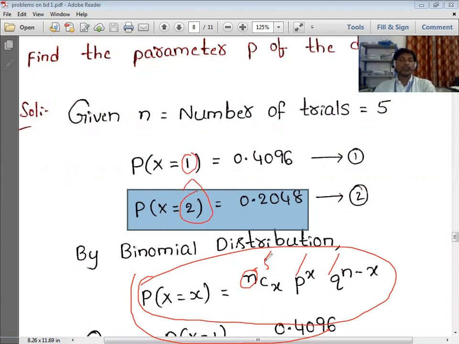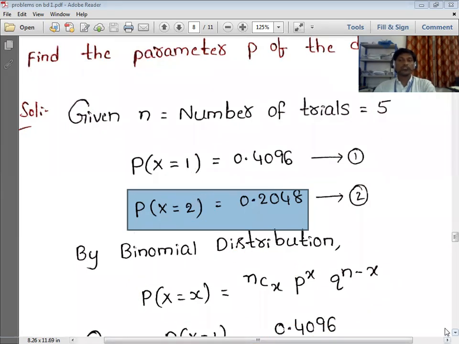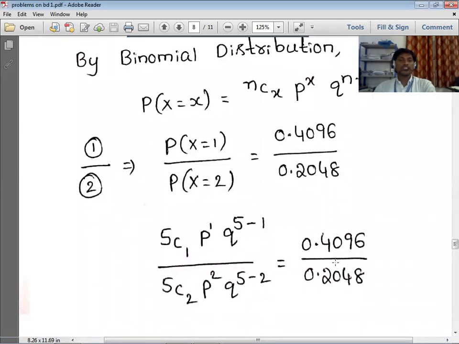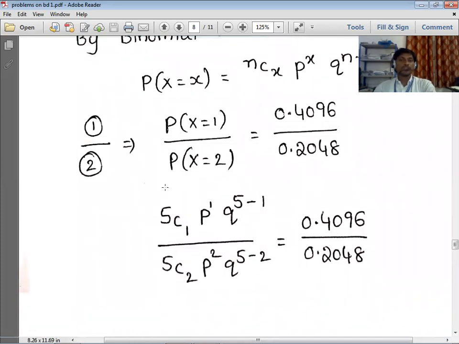Simply by using this formula we need to find the parameter P. So we divide equation 1 by equation 2: P of x equal to 1 by P of x equal to 2 is equal to 0.4096 by 0.2048. P we don't know, Q we don't know, so we substitute and simplify.